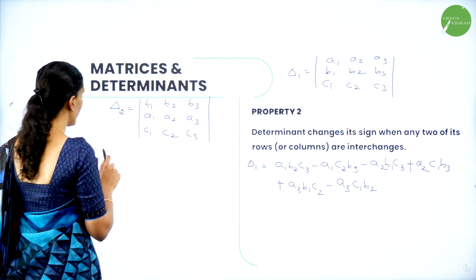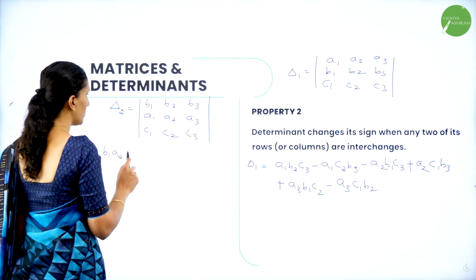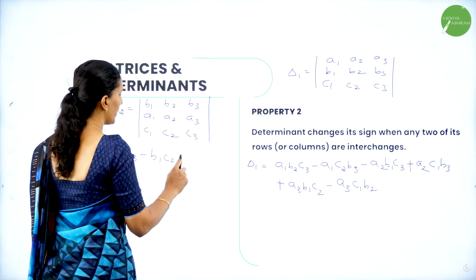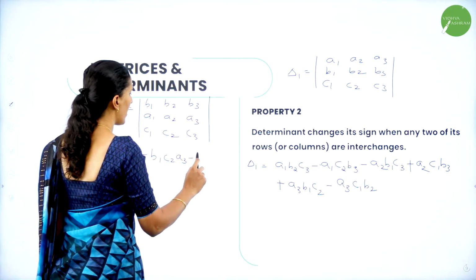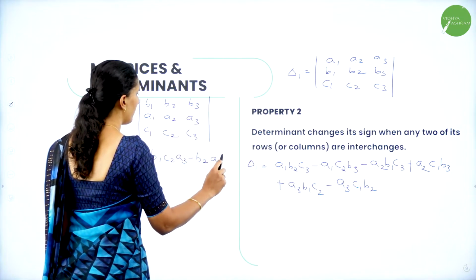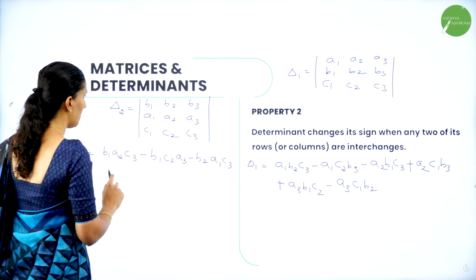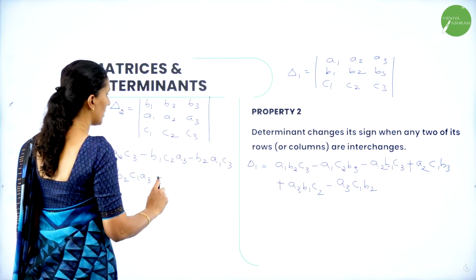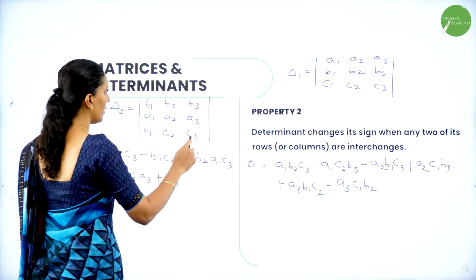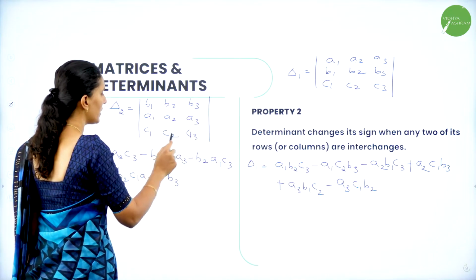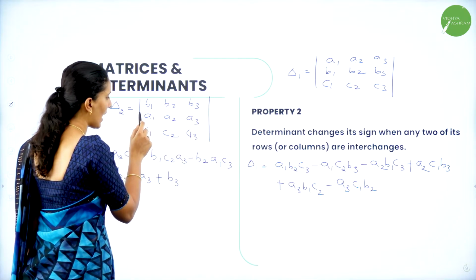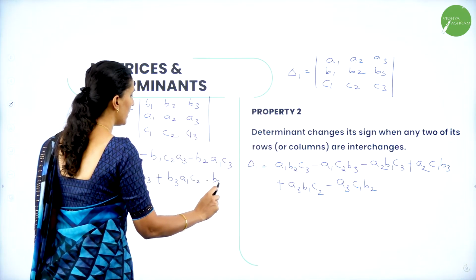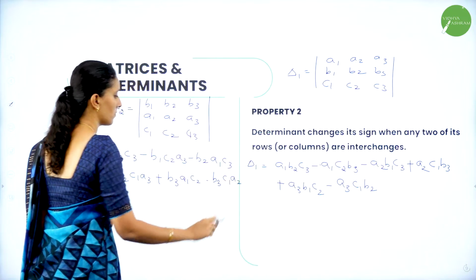So delta 2 is B1 A2 C3 minus B1 C2 A3. Next I have minus B2 A1 C3 plus B2 C1 A3. Next plus B3, leaving the B3 column, I have these two factors: A1 into C2 along with B3, minus B3 C1 A2.